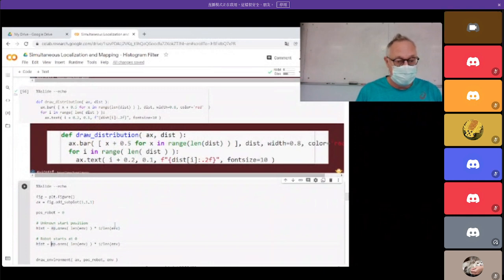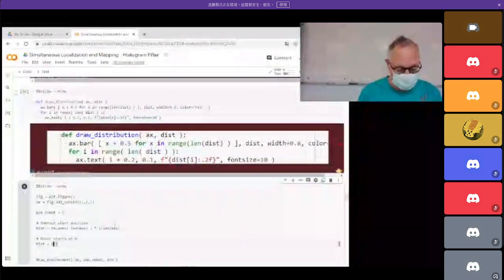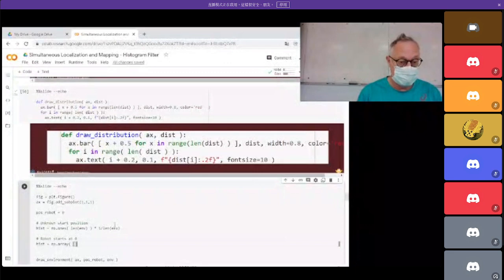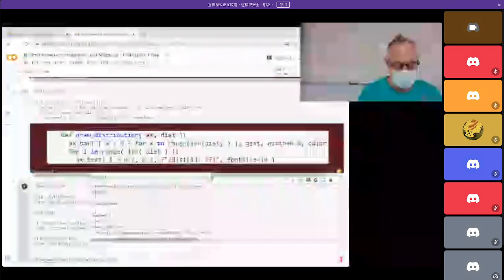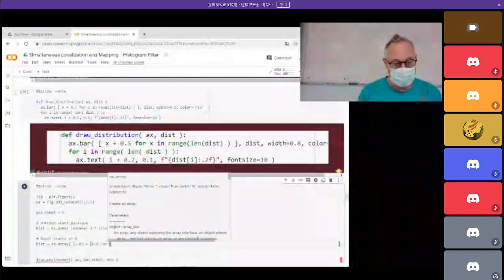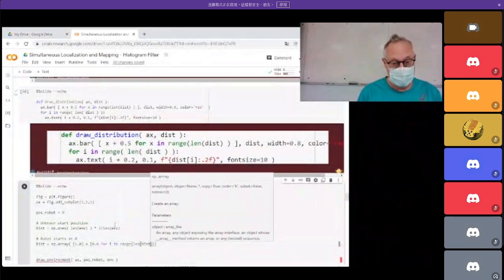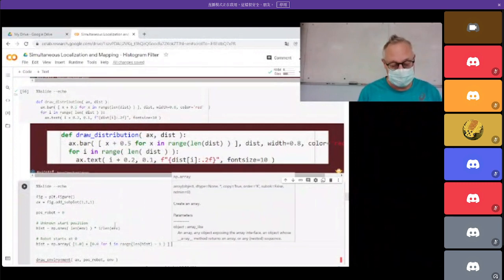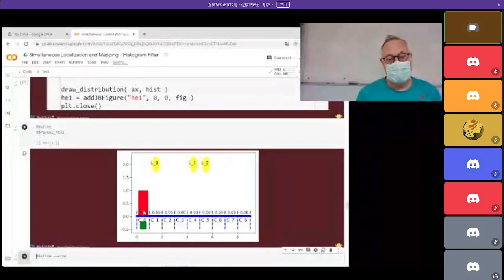And this one would be... so here, if the robot starts in 0, then our distribution would look like this.